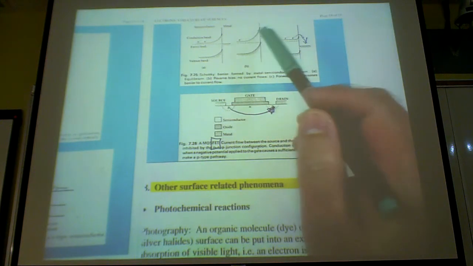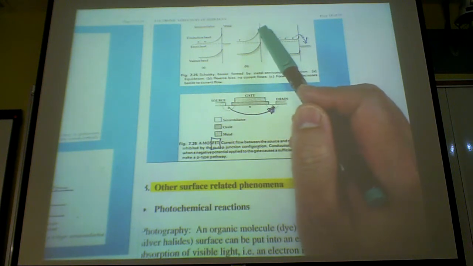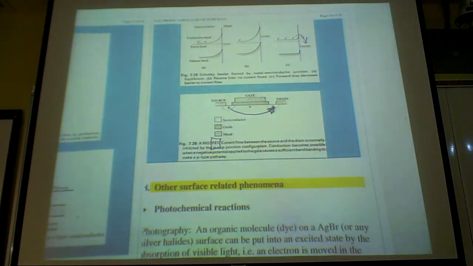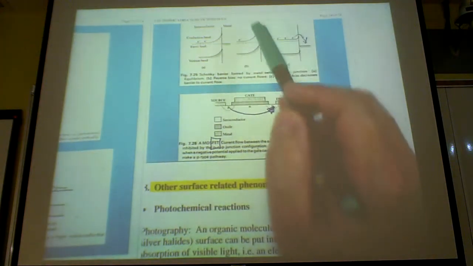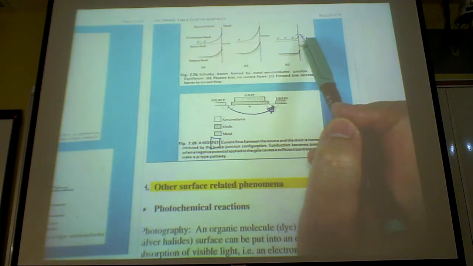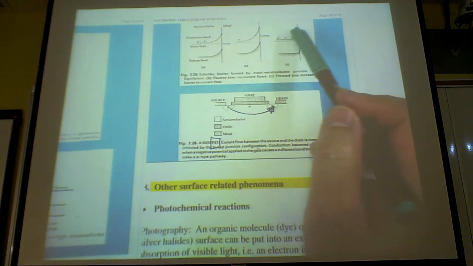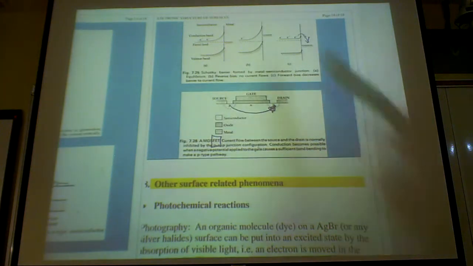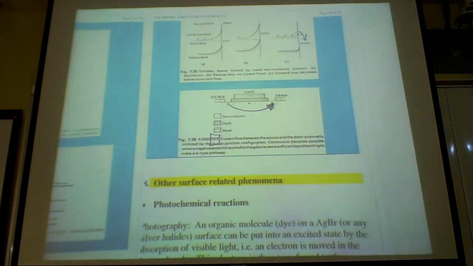But if you apply a less positive or more negative potential, depending on polarity, you lower the level. Then the barrier height becomes smaller because you apply a different bias, and electrons can flow through due to thermal motion. So you have a better chance of flowing through.